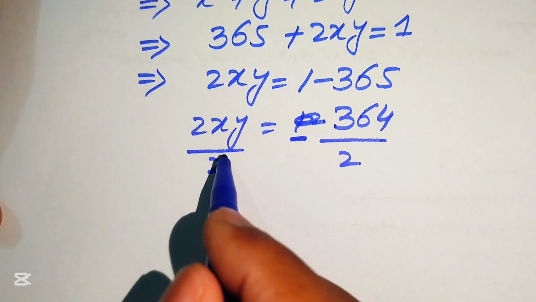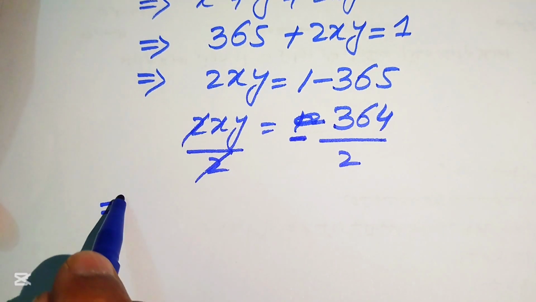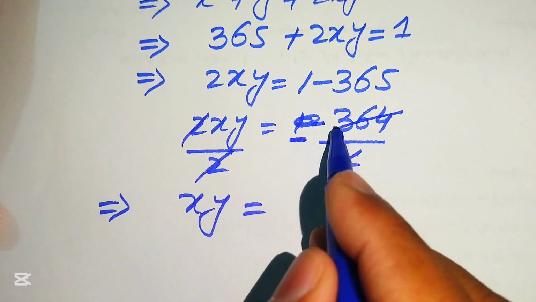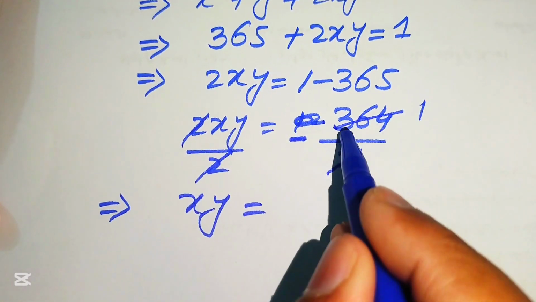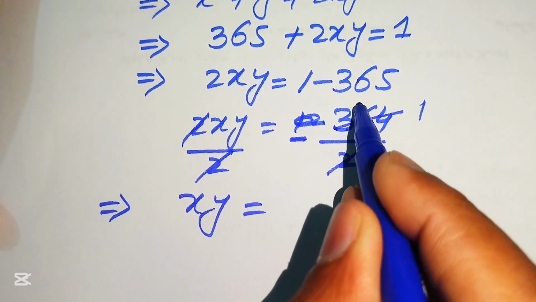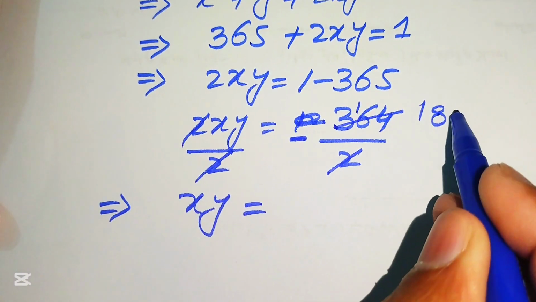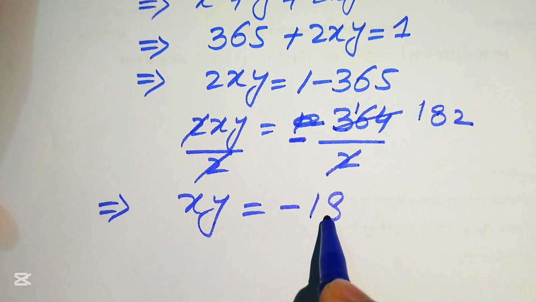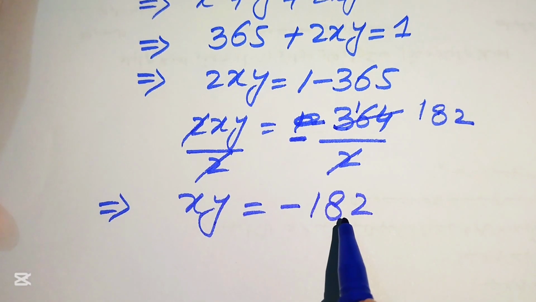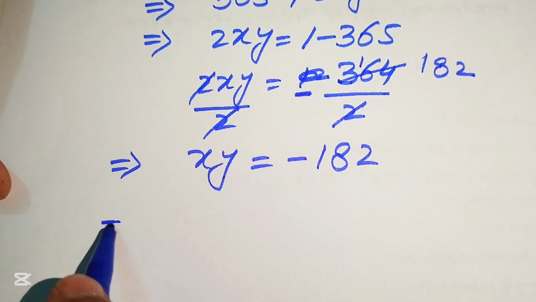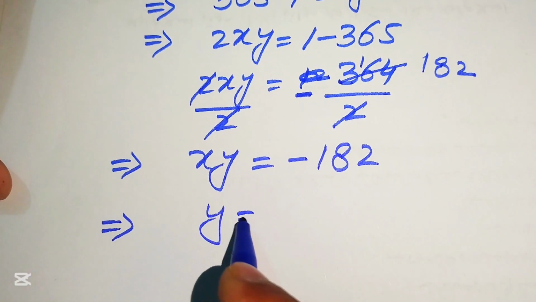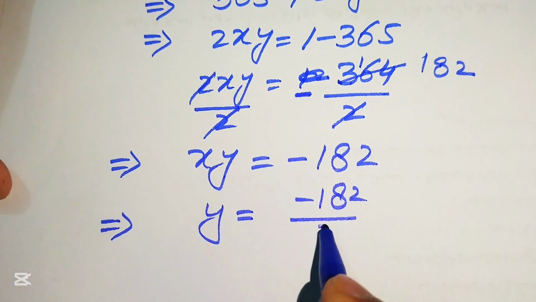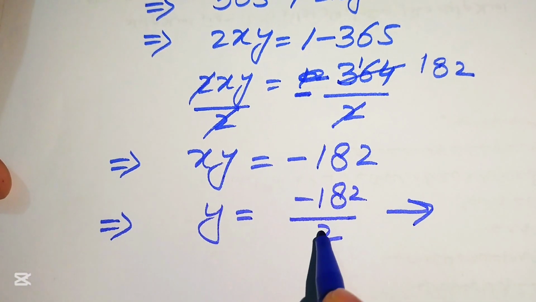Okay, so you cancel this 2 and 2, and we will get here xy equals minus 182. So here we get the value of y equals minus 182 divided by x.